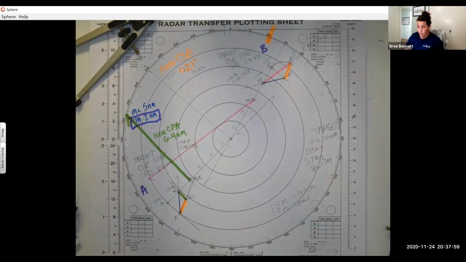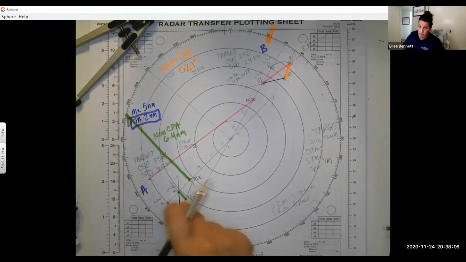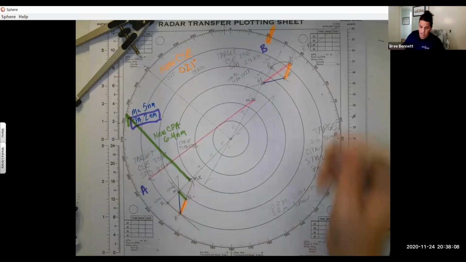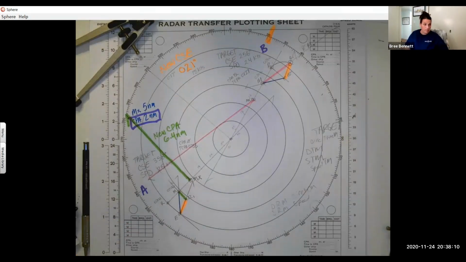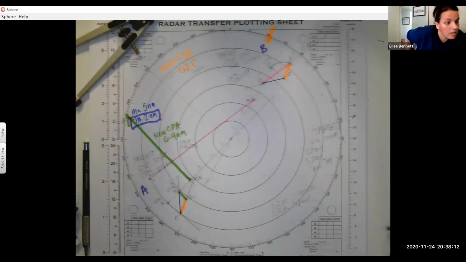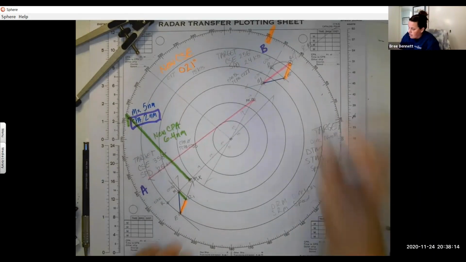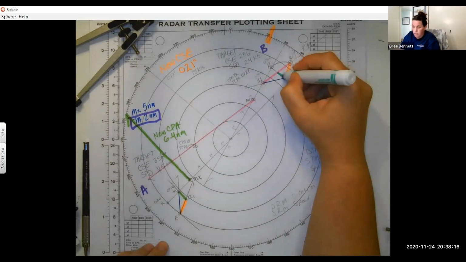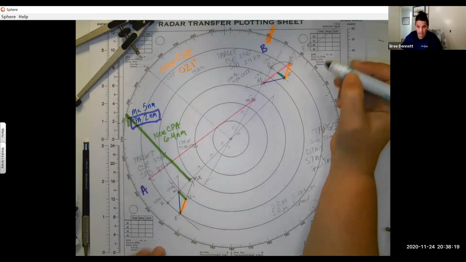The quiz also asks about option A and option B. If you were to change speed, would that give you a better CPA for this guy? So if I was to change speed, let me get a different marker here. My E to R would be that line.